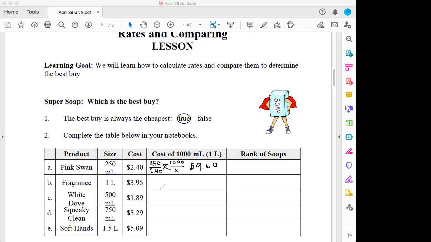So it'll be $9.60 for a liter of Pink Swan.